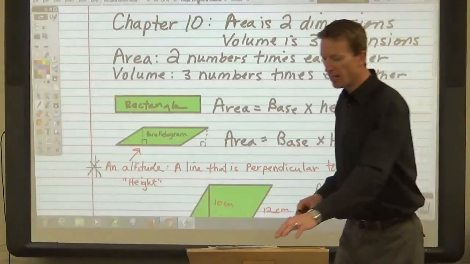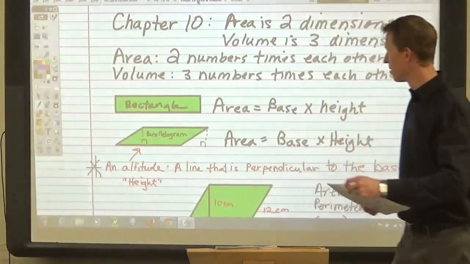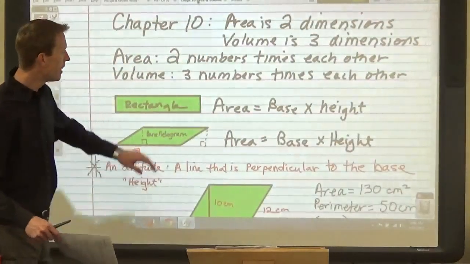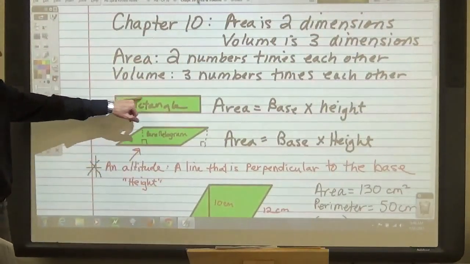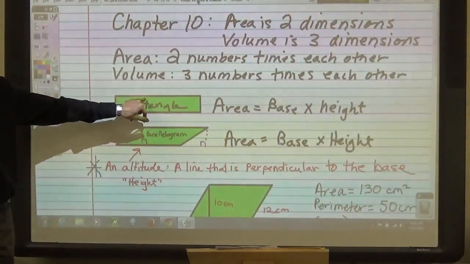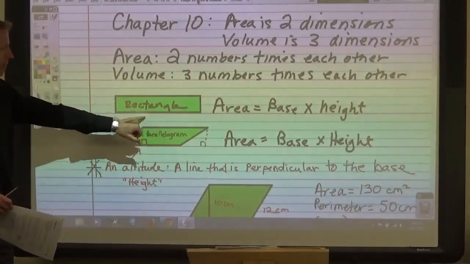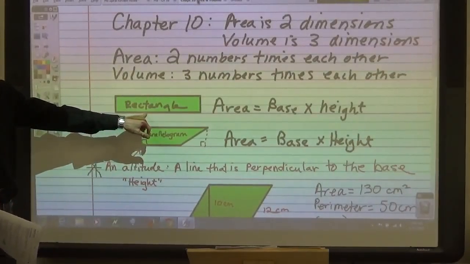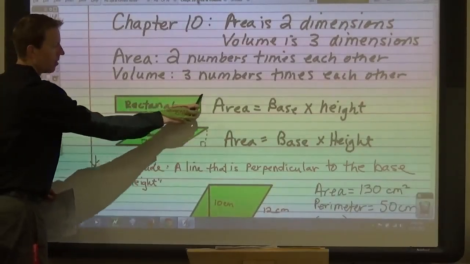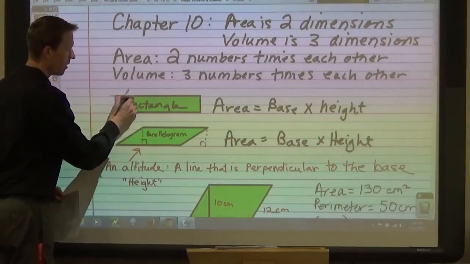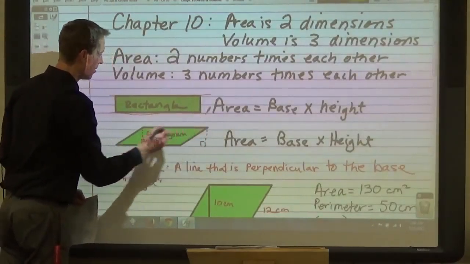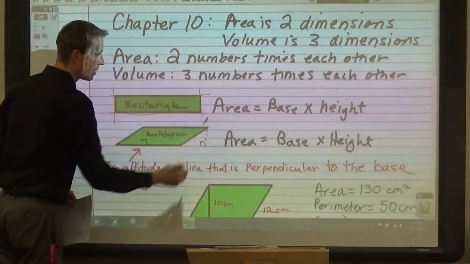Today we're going to be talking about parallelograms. Yep, parallelograms. Now, a rectangle is a parallelogram because a parallelogram is any figure where the opposite sides are parallel. Okay? Look, in a rectangle, the top and the bottom are parallel, and the two sides are parallel.